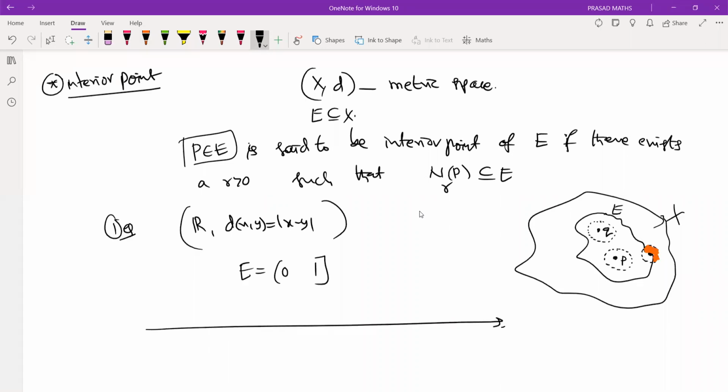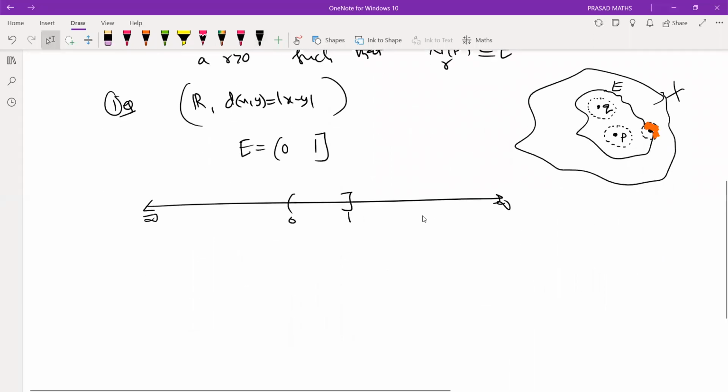This is my real line, and this is my set we are working with. Is this an interior point? No, because it's not a point of the set. This is outside of the set. Therefore, the point is not a point of E. Hence, it is not an interior point.